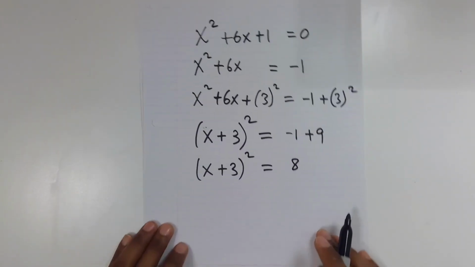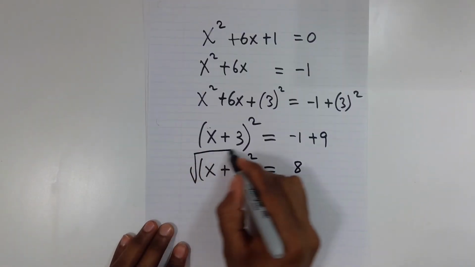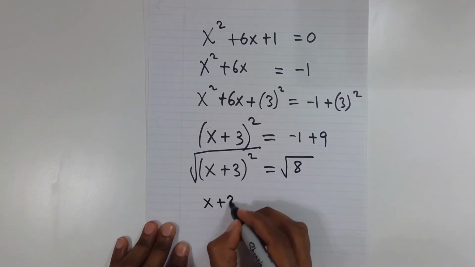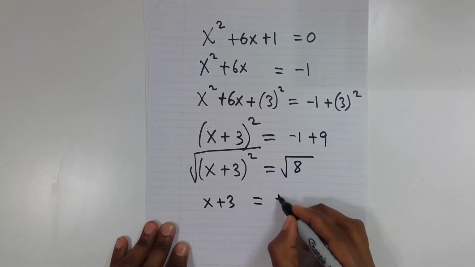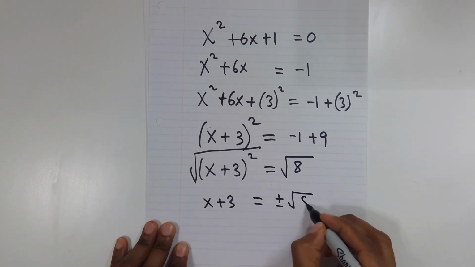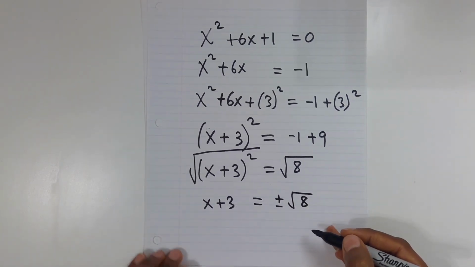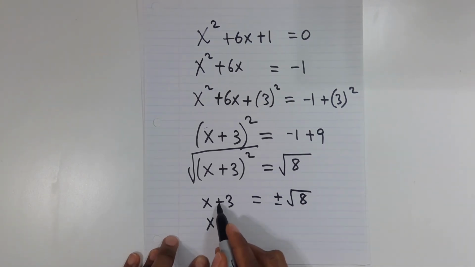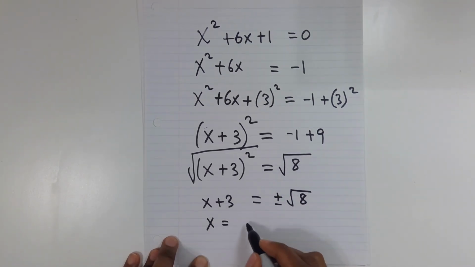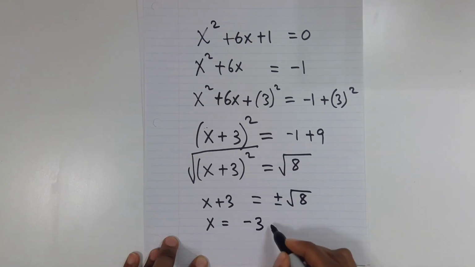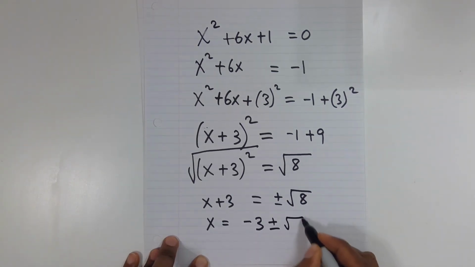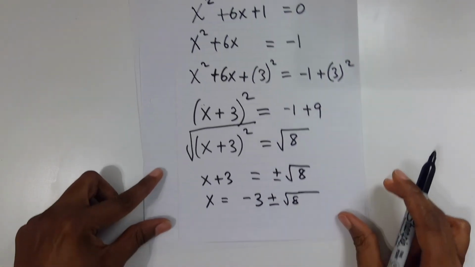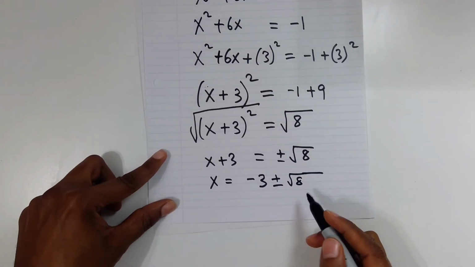In order to find what x is, you square root both sides of the equation. This will give me x plus 3 is equal to plus or minus the square root of 8. Okay, in order to solve for x, because it is positive, when you take it to the other side of the equation, it becomes negative. Okay, plus or minus root 8. There is a way to simplify root 8.